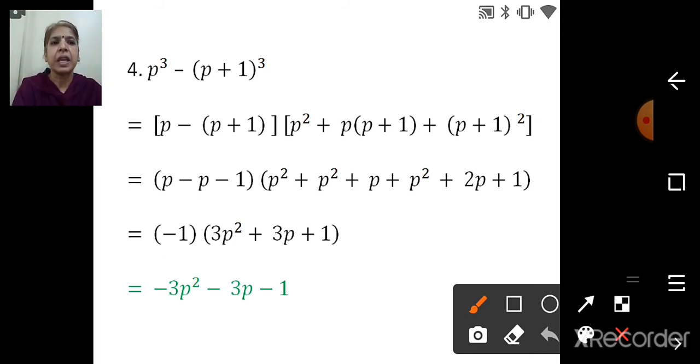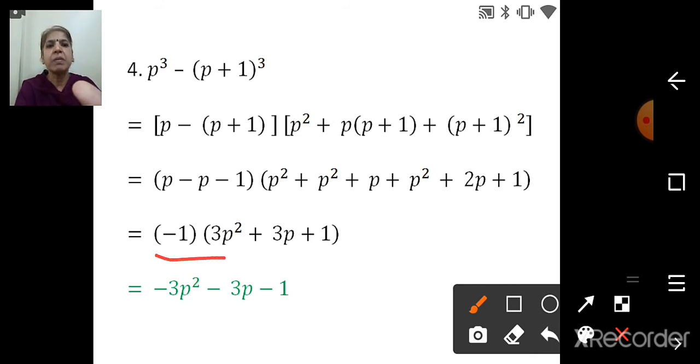Now second bracket, p square plus p square plus p square, so we are getting 3p square, plus p plus 2p, that is 3p, plus 1. So like terms we have added. Now we have to open the bracket and it is minus 1. When we multiply with 1, answer remains the same, but now we are multiplying with minus 1, so the sign of the terms will get changed.